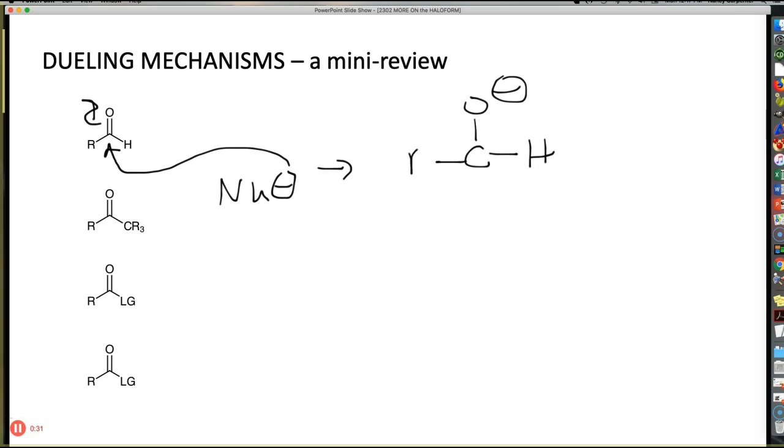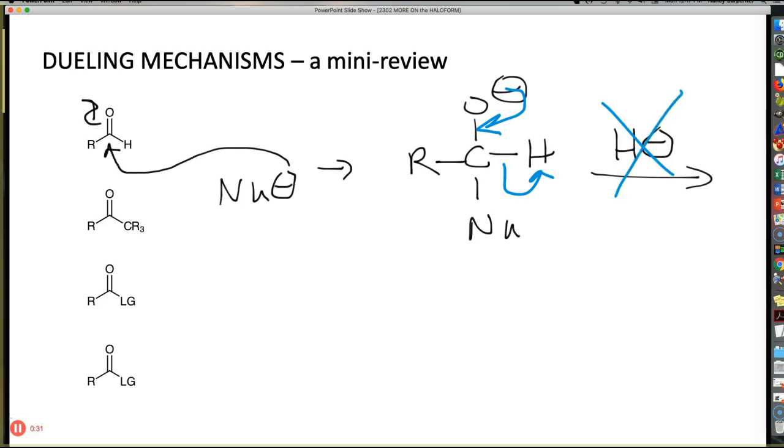But it's the fate of that tetrahedral intermediate that distinguishes between 17/18 and 20/21, because we are not going to kick out a poor leaving group like H-, because that's highly unstable. That would be a big time energy uphill step. So that's not going to happen.